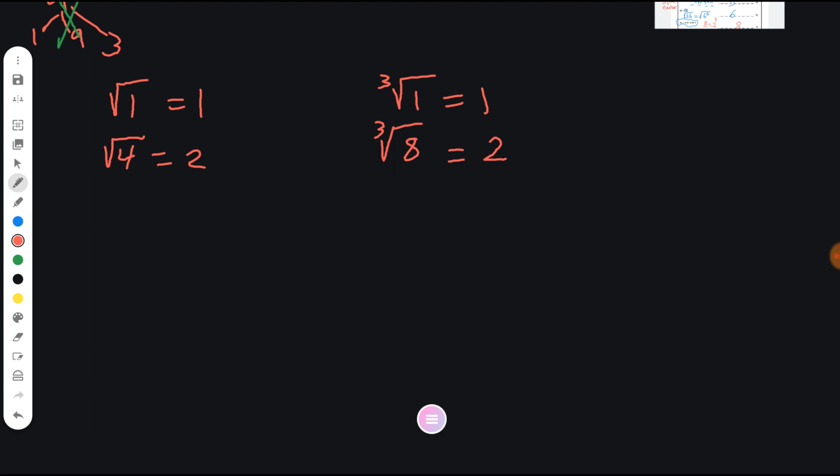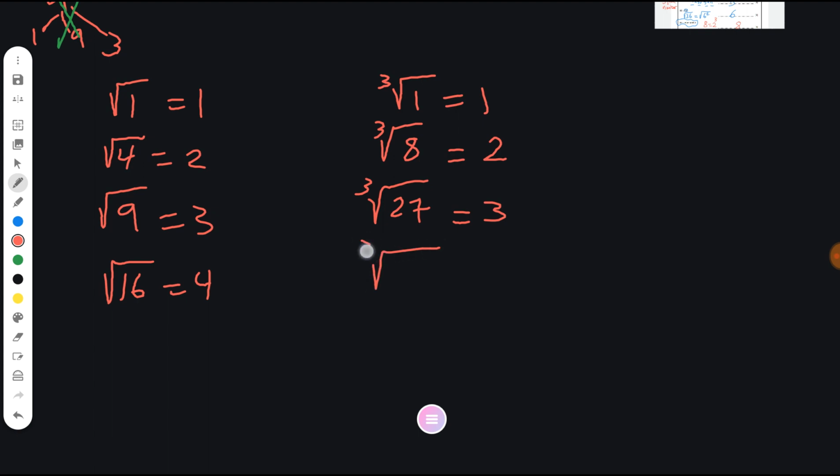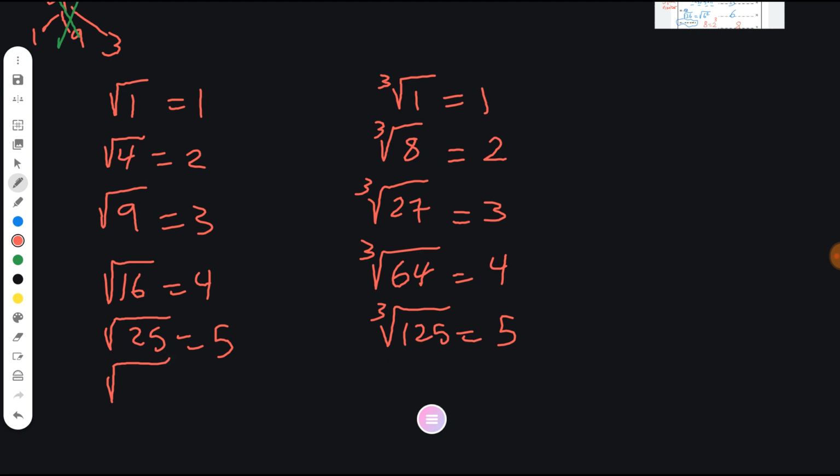What else? The rest are square root of 9 equals 3, cube root of 27 equals 3, square root of 16 equals 4, cube root of 64 equals 4, square root of 25 equals 5, cube root of 125 equals 5, square root of 36 equals 6, cube root of, I think, 216, yes, 216 equals 6.